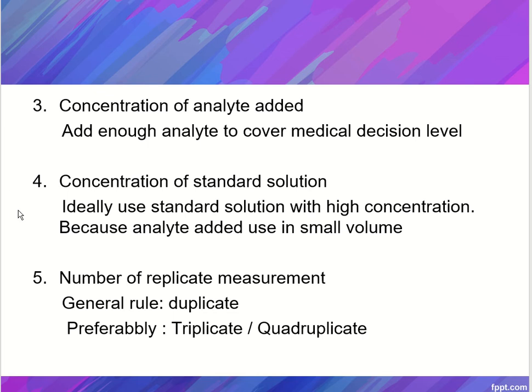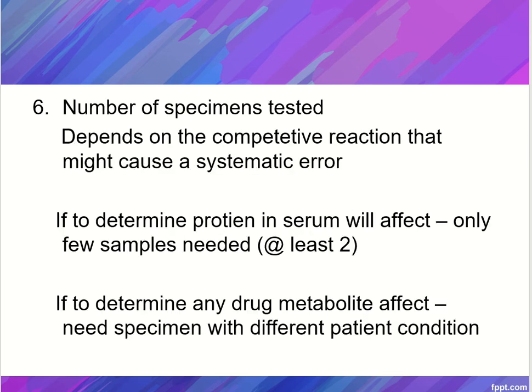Fourth, concentration of standard solution. Ideally, use a standard solution with high concentration because the analyte added is in small volume. Fifth, number of replicate measurements. Generally we use duplicate, but preferably we can use triplicate or quadruplicate if we have enough budget.